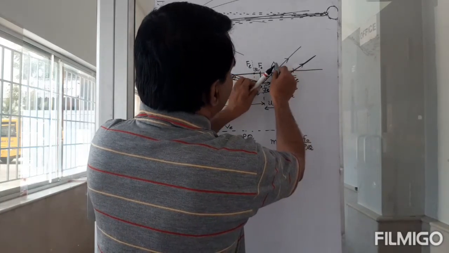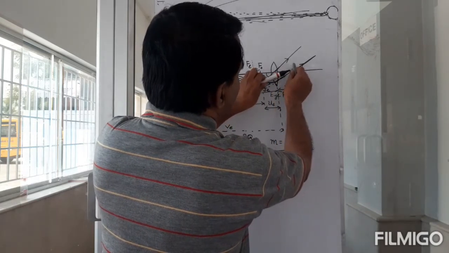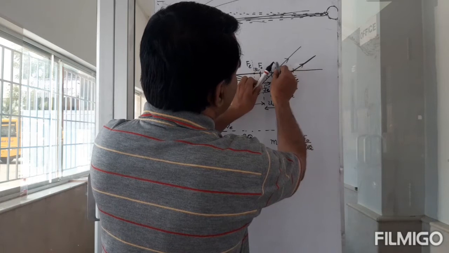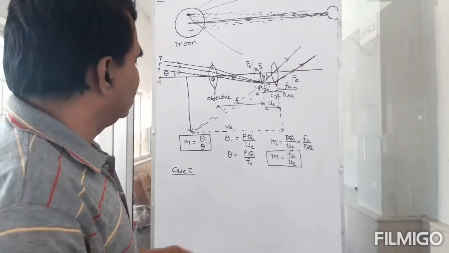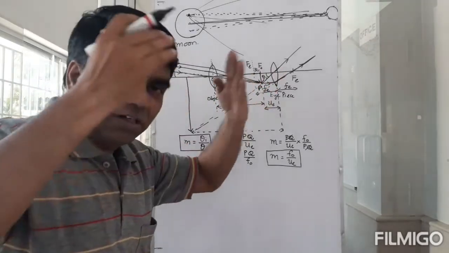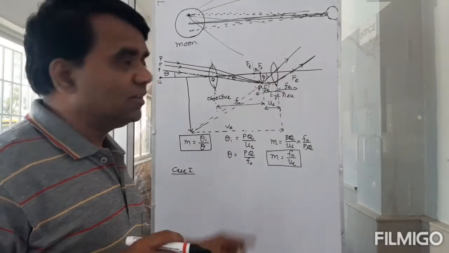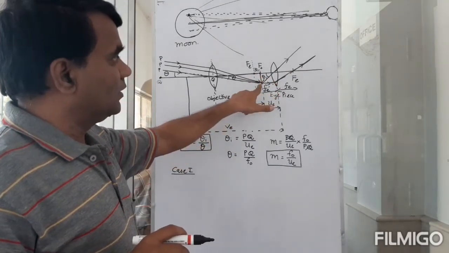But if I keep it here, it's going to make a greater angle. So this is the smallest angle, and this would be the biggest angle. The smallest visual angle with the instrument, I must keep it at Fe.